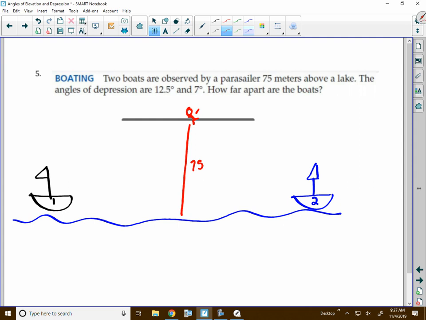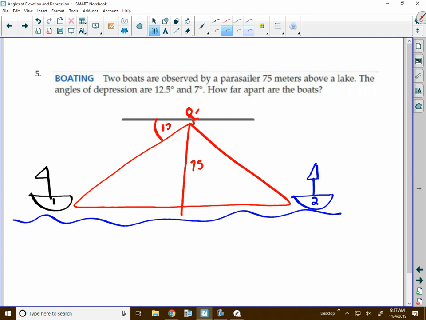The angles of depression are 12.5, so we'll say to boat 1, there's 12.5, and to boat 2 is 7. Look at that beautiful triangle that we just drew. Technically, we have 2 triangles now.